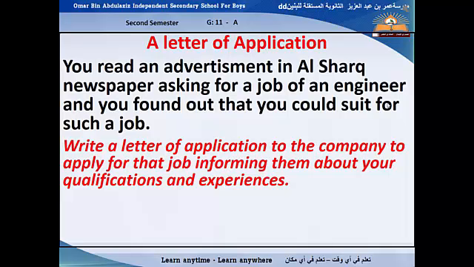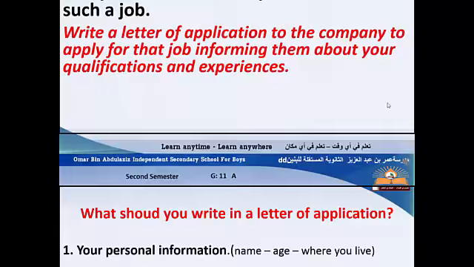A letter of application. This is the second type that we studied already. You read an advertisement in Al-Sharq newspaper asking for an engineer, and you found out that you could suit such a job. Write a letter of application to the company to apply for that job, informing them about your qualifications and experience.